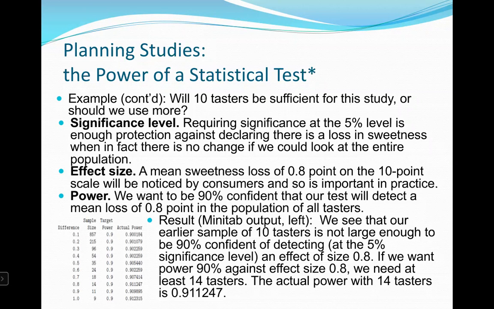So they calculate for us what sample size would get us closest to our target. And for a 0.8 to get us closest to a 90% target, we need 14 people.